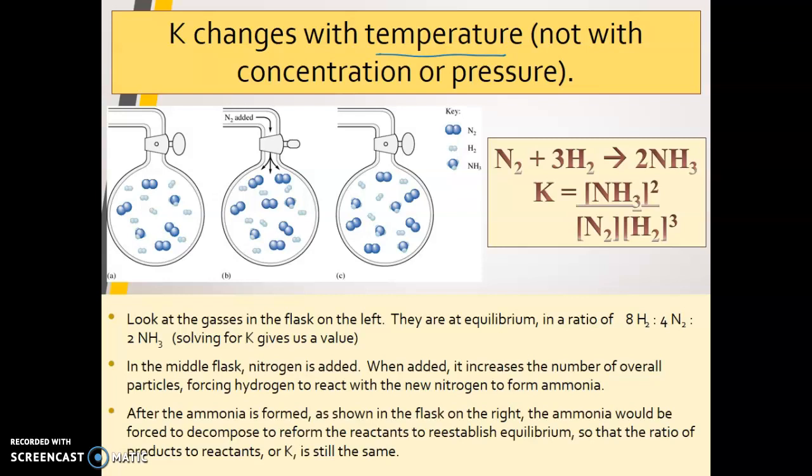After that ammonia is formed, as shown in the flask on the far right, the ammonia would be forced to decompose and reform the reactants to reestablish equilibrium. So the ratio of the products to the reactants, your equilibrium constant K, is still going to be the same.